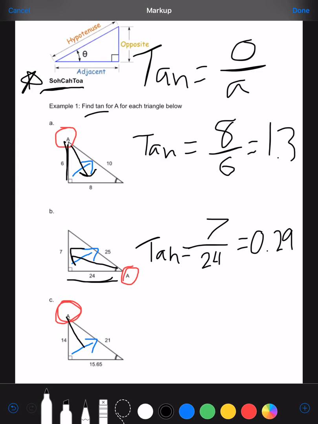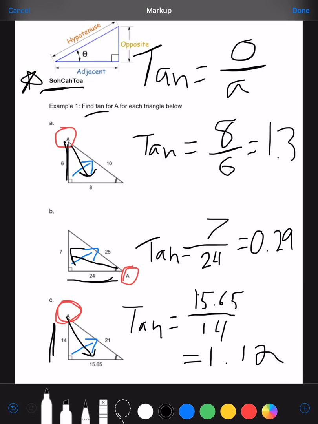So starting at A, going across, we have tangent is equal to 15.65 over, then our adjacent side is 14. So again, we're going to divide those. So 15.65 divided by 14 equals 1.12 if we're rounding.